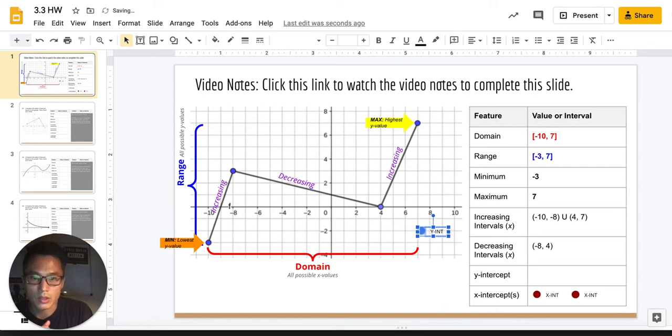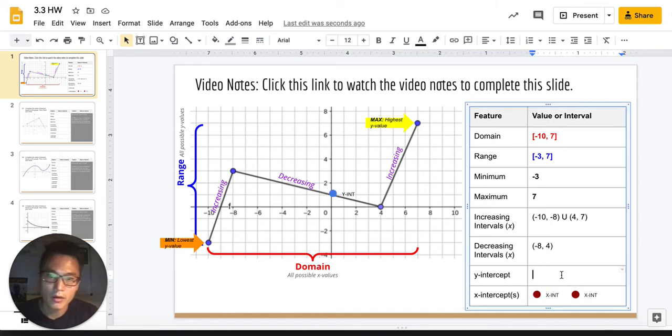Sometimes it might be easier just to click on it and then use the arrow keys to get it exactly where you want. That's what I'm doing right now. Alright, you might not be able to get it exactly where you need to be, but that's close enough. Right, this is where the line crosses the y-axis. And the value of that y-intercept is (0, 1).